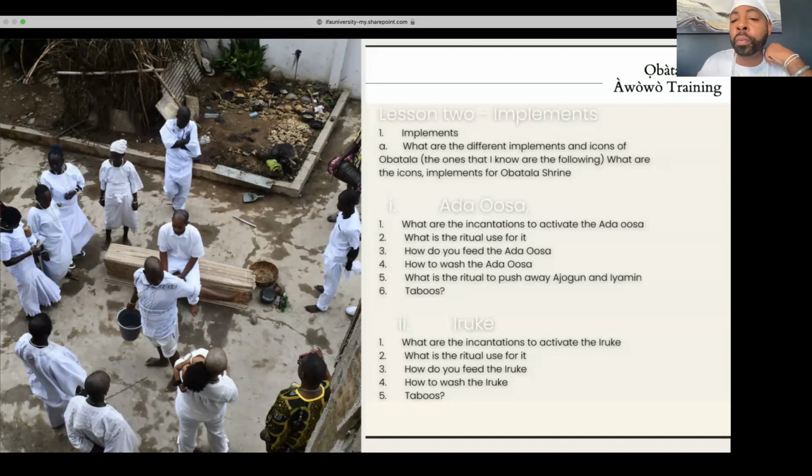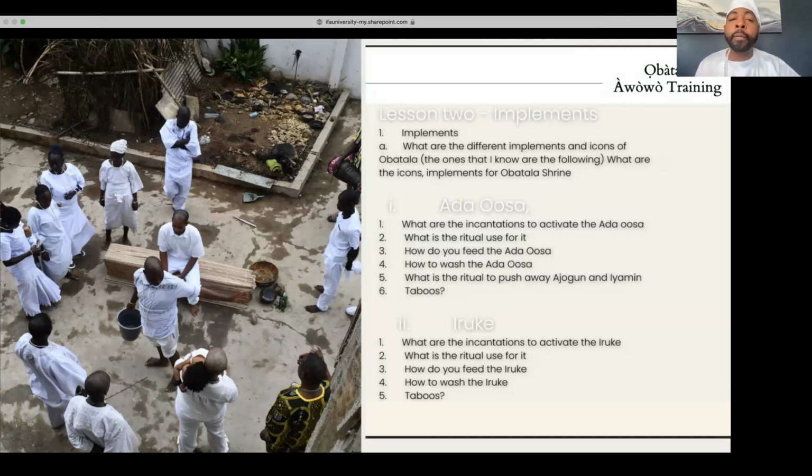So that's it. Good, and thank you for that. That's a good point. For those who may not know, Iku is death, and Iku, Arun, and the Ajogun are all the negative spirits. So what he was saying is that when you're shaking the bell, you're pushing away death, sickness, and loss.